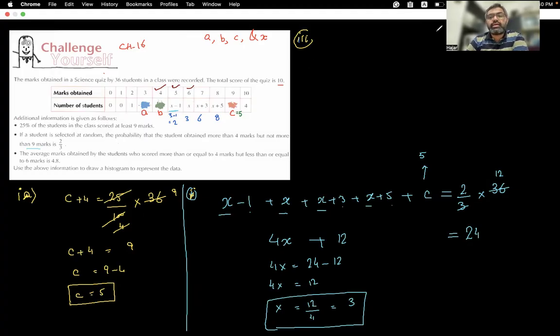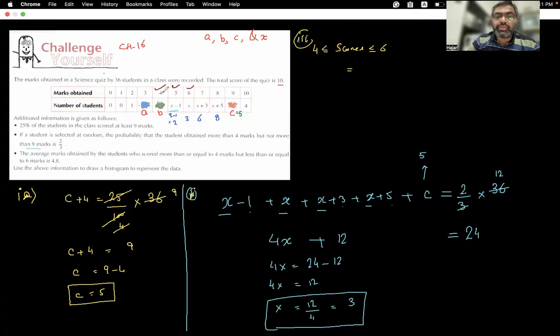So let's calculate the average. Let's call it scores: scores greater than or equal to 4 but less than or equal to 6. So how many scores are there? If average is multiplied by the number of students, we get the total.